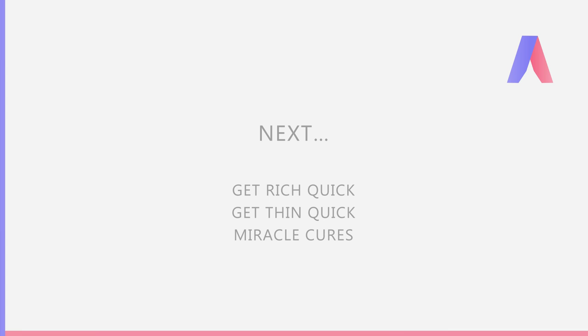But the reality is many internet marketers, many affiliate marketers, many business owners are being thrown into these 3 categories unknowingly, simply because of the copywriting rules Google specifically has in these areas. So next up, we're going to talk about the get rich quick policy, the get thin quick policy, and miracle cures.